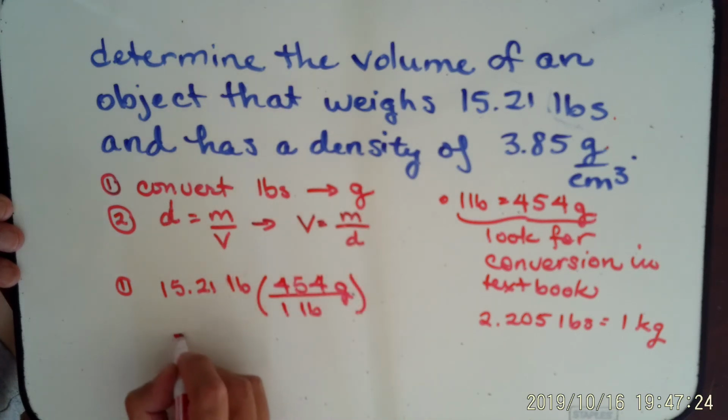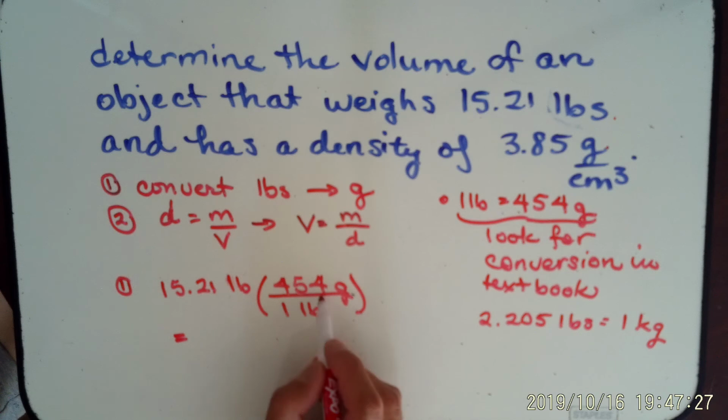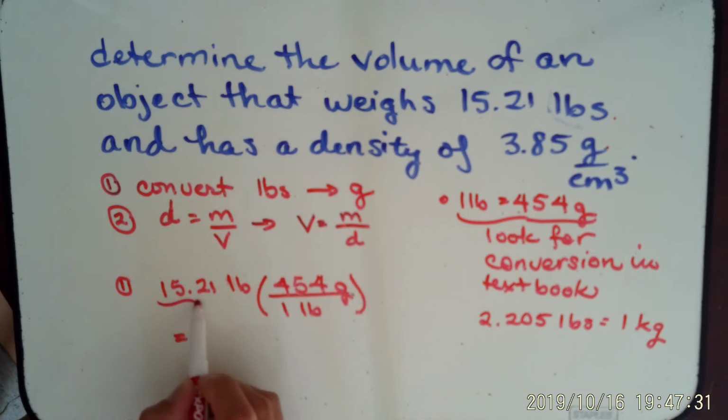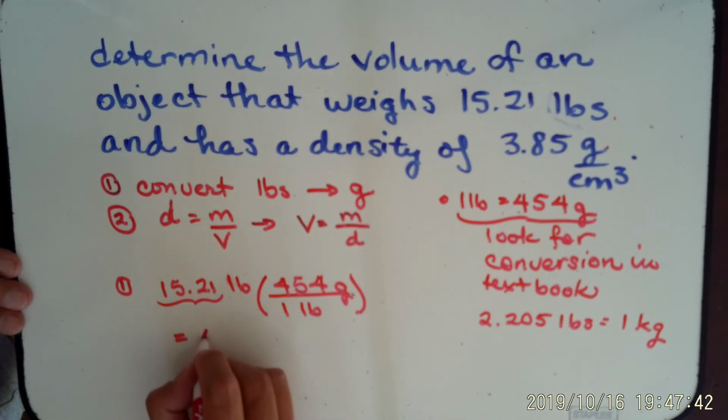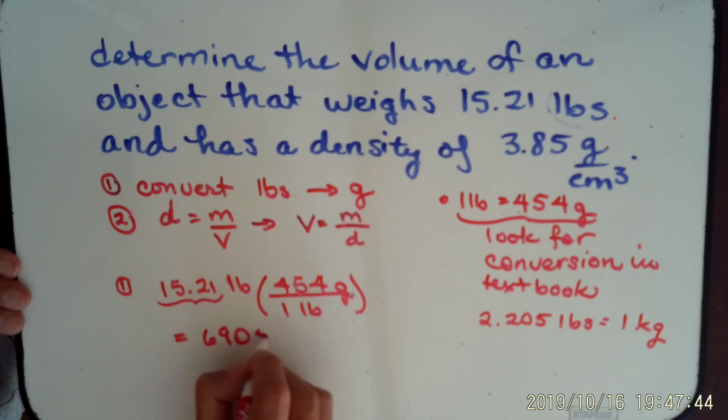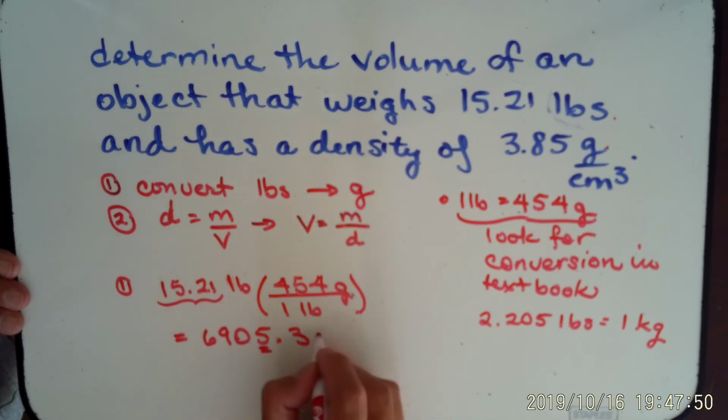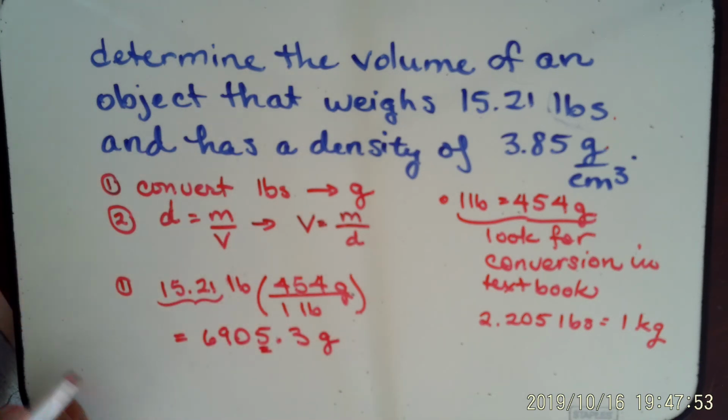And even though you can fine-tune this and get more significant figures, I'm just going to use this to determine my significant figures, because clearly that one's measured. So 454. So we get something like 6,905.3 grams.